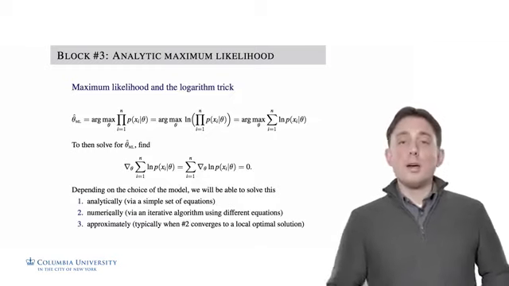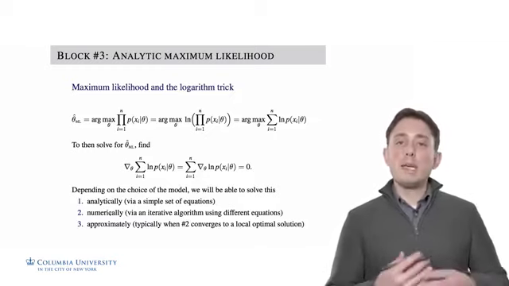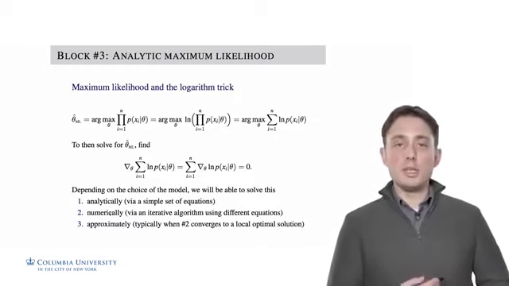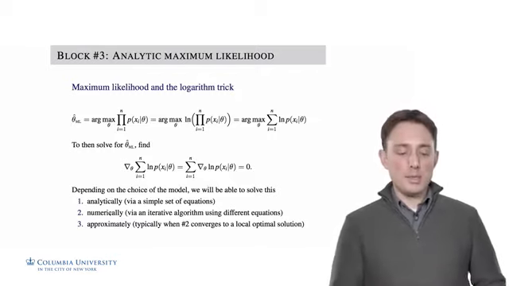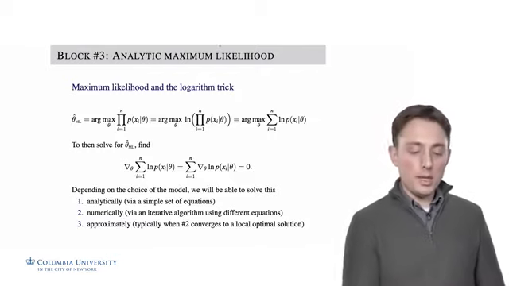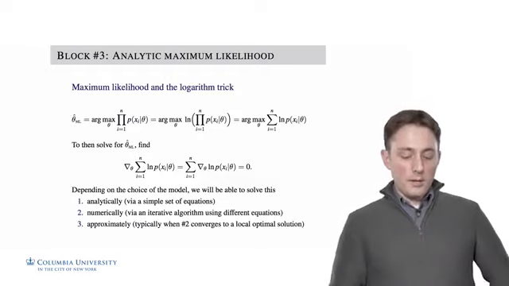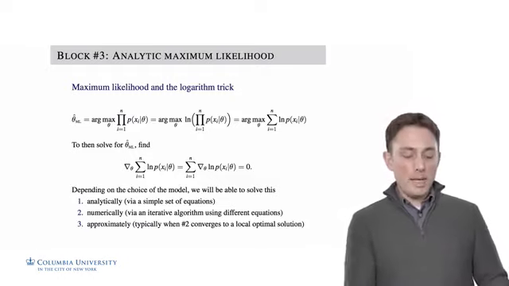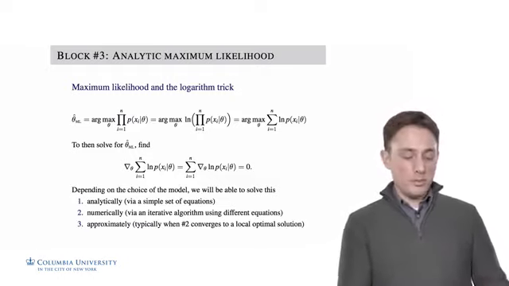Also, we might find ourselves in the situation where we can't optimize this function exactly. We can only approximately optimize it. And so intuitively, we can think of it in this way. Really, these approximate algorithms are all based on numerical algorithms from part 2.